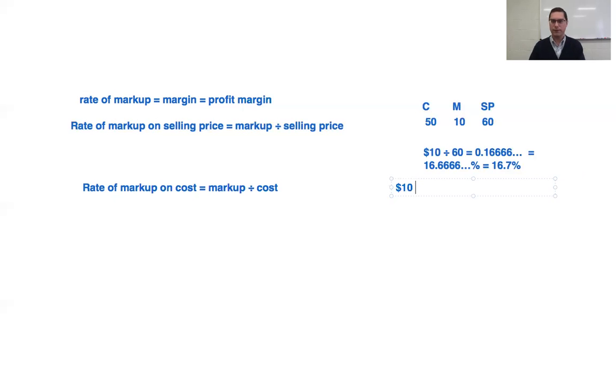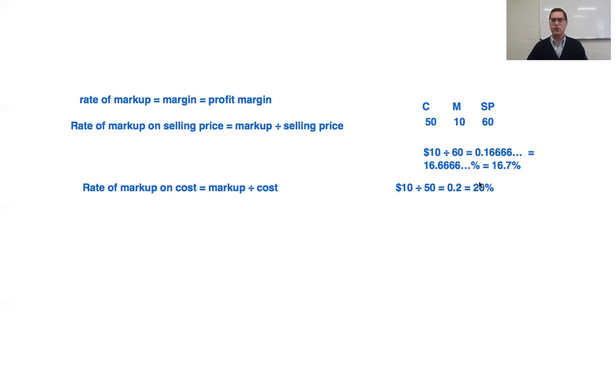We're going to divide by our cost of $50. And that's going to give us a rate of markup as a decimal of 0.2. As a percent, that's going to be 20%.